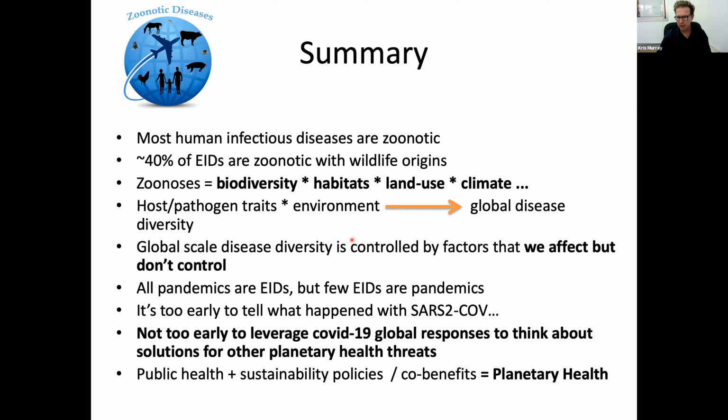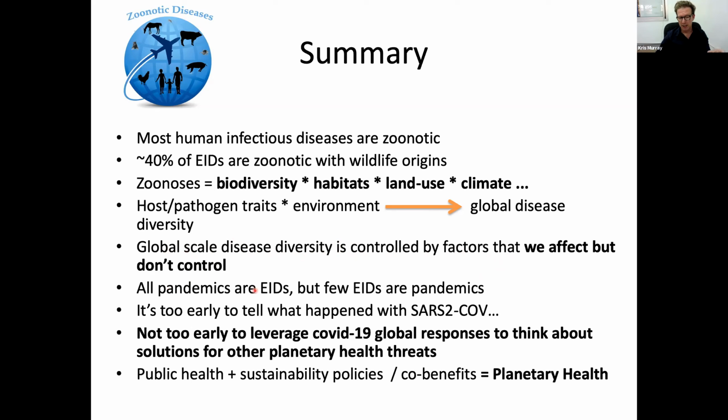And we might imagine that that's correlated at some level with the overall level of risk from infection. And I think critically here, the global scale of disease diversity is controlled by factors that we affect but don't control, and we don't really understand what implications those levers that we're pulling in the global environmental system are having on disease risks.